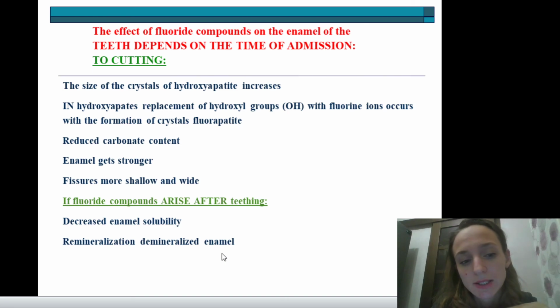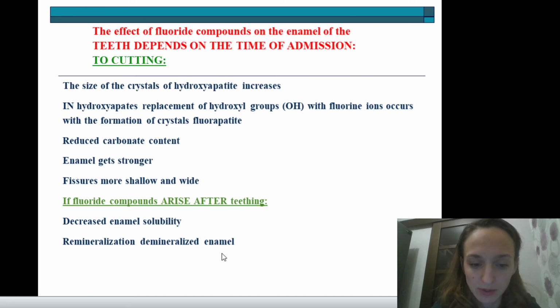So before eruption, the size of the crystals of hydroxyapatite increases, carbonate content is reduced, and there is a replacement of hydroxyl groups, so the enamel gets stronger, and fissures are more shallow and more wide. If fluoride compounds arrive after eruption, there is decreased enamel solubility and remineralization of demineralized enamel.